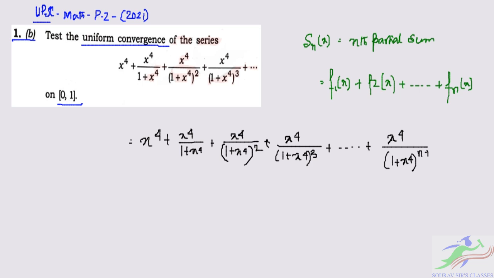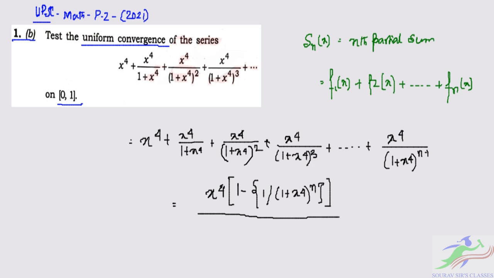So what is this nth partial sum? It will be x to the power 4 times 1 minus 1 upon (1 plus x to the power 4) whole to the power n. In the denominator it will be 1 minus 1 upon 1 plus x to the power 4.